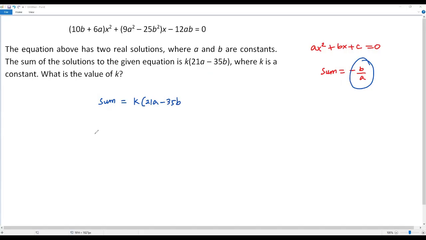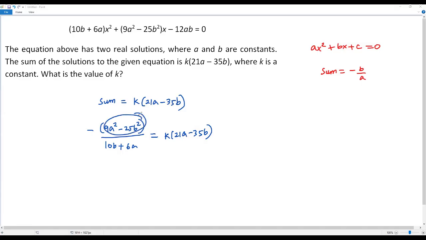First we write the negative sign, then take the coefficient of x, which is 9a² − 25b², divided by the coefficient of x², which is 10b + 6a, equals k(21a − 35b). Here we can factor this expression.